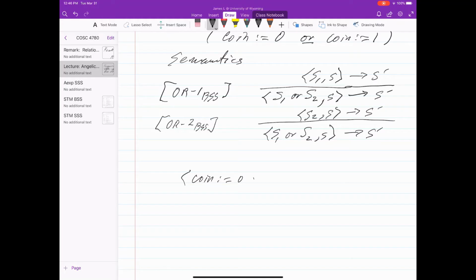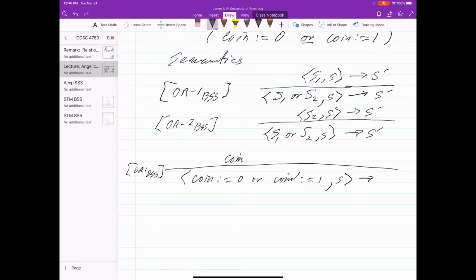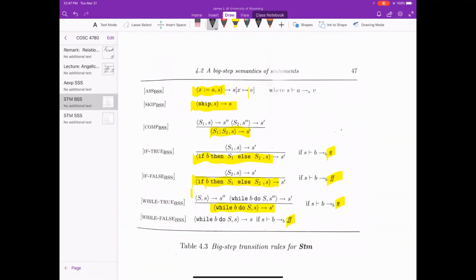Coin gets the value of 0, or coin gets the value of 1, in any state S evaluates to, if I use the OR1 rule, coin gets the value of 0 evaluated in state S. If you go back and look at the big step rules, this rule says you just take S and you update it so that coin gets whatever the value of that thing is in the A expression semantics.